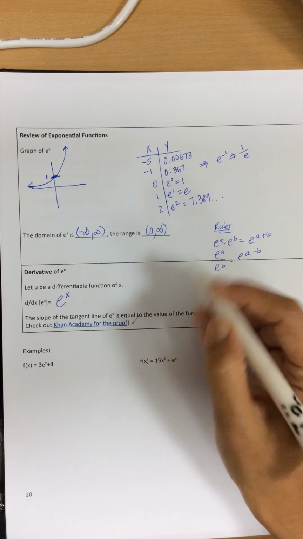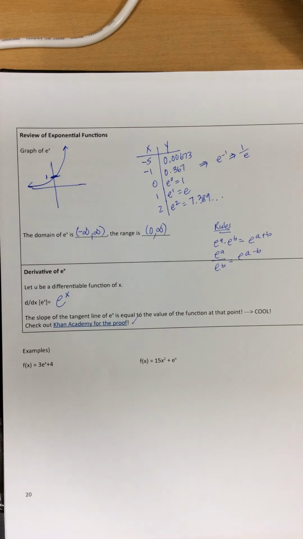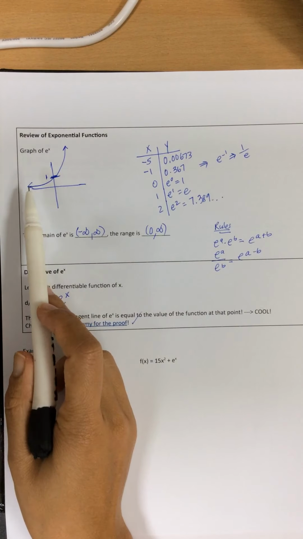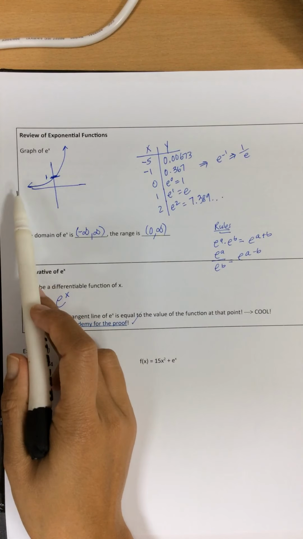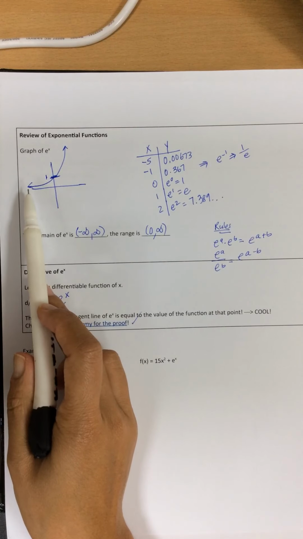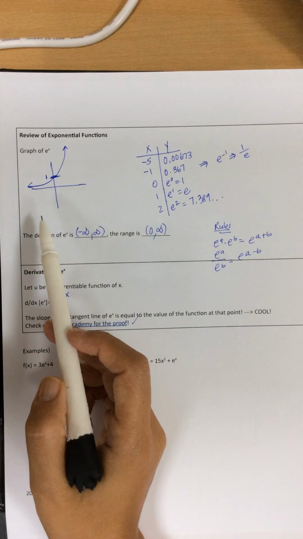So here, if you open the electronic link to the notes, you'll see the proof, which is really cool. And you can also think of it, right? Like here, as it starts flattening out, the slope is getting close to 0. And apparently, if you think about it, the value of that slope that's getting super close to 0 is exactly the value of the graph, right?